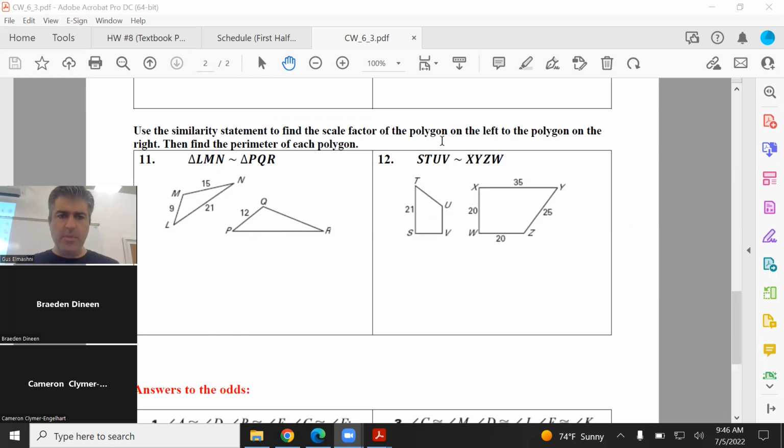Let's see here. Use a similarity statement to find the scale factor. The scale factor is just going to be the numerical ratio, meaning that LM and PQ line up.